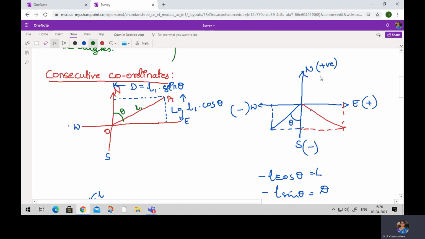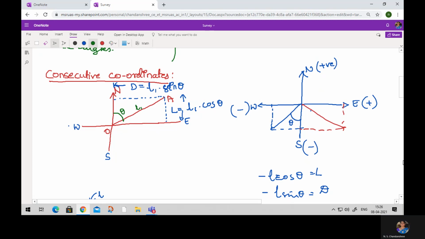If the line lies in the northeast quadrant, then north will have the positive sign, south will have the negative sign. Negative north is nothing but south. East will have the positive sign, west will have the negative sign. Negative east is nothing but west. That is what we have to remember. These are called the northings, southings, eastings and westings of a given line.